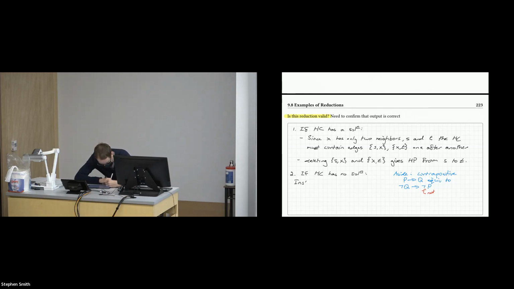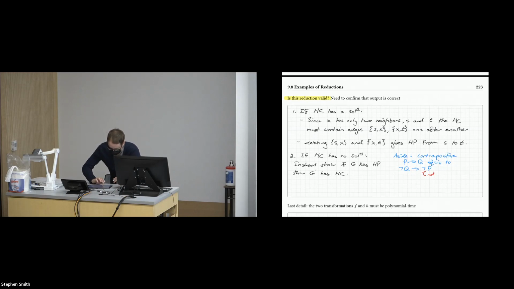So instead, show if G has an HP, then G prime has a Hamiltonian cycle. But that's kind of obvious, right?